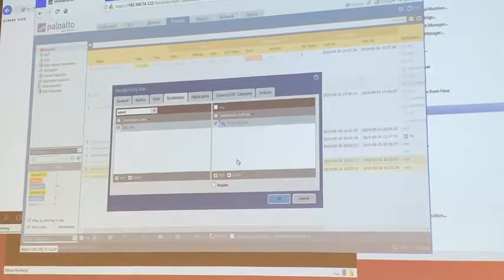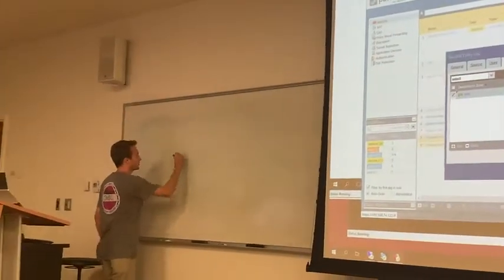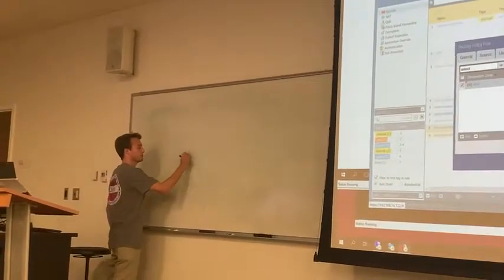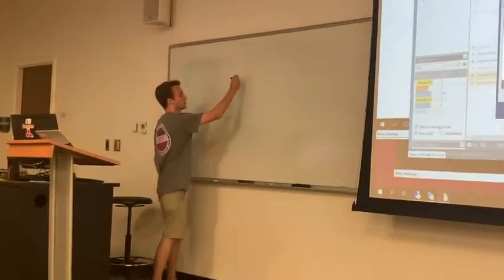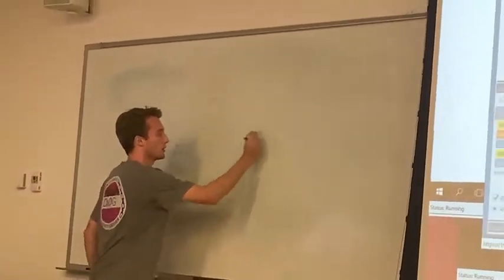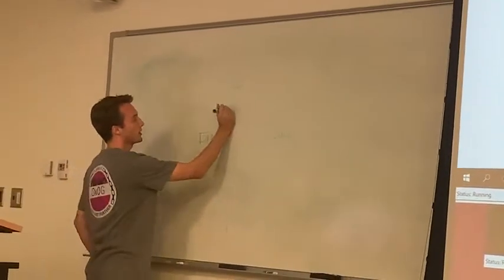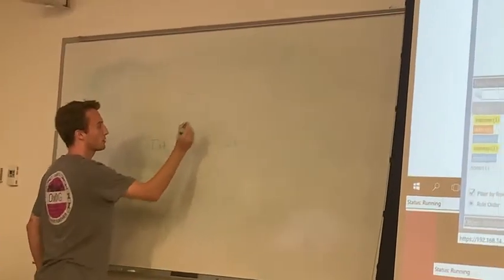So the way this works, I'll just draw a quick picture. We have internal, we have firewall, and DMZ. Okay, so there's a gateway here, and there's a gateway here.